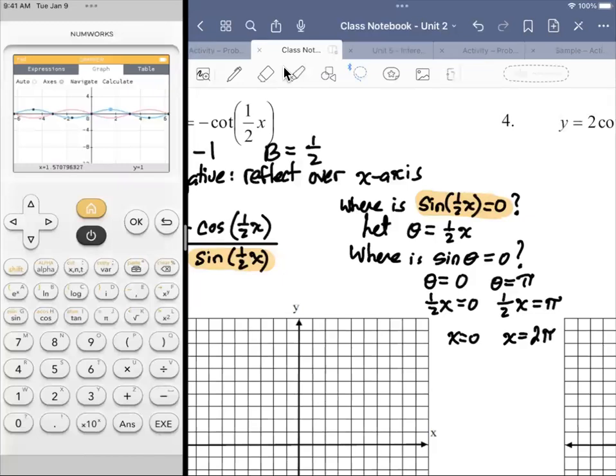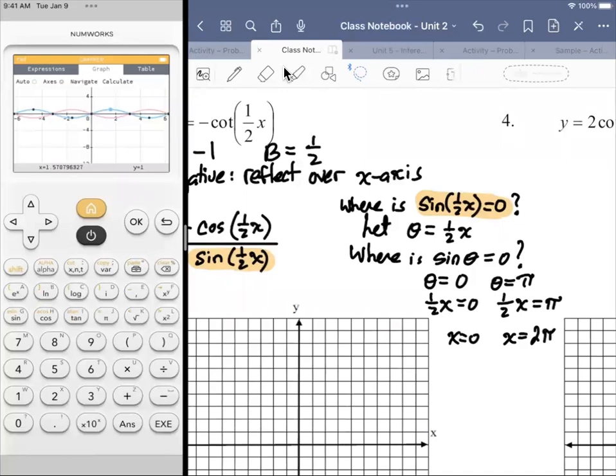If I say y is equal to the tangent of x, it has the same structure as cotangent of x. That's a period of pi, meaning you're getting one complete cycle between 0 and pi.